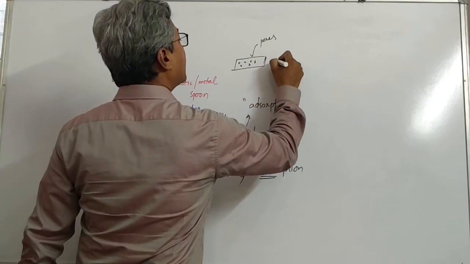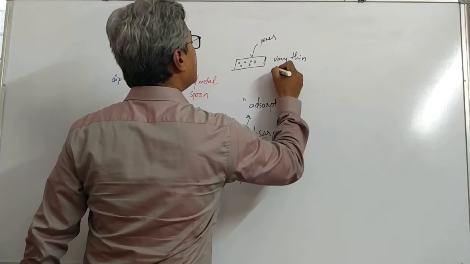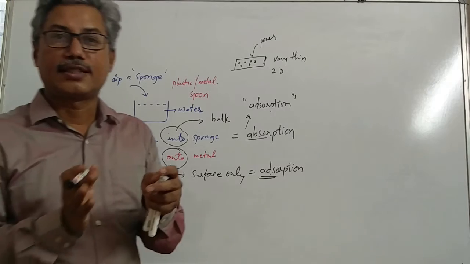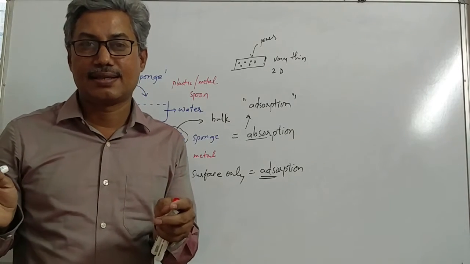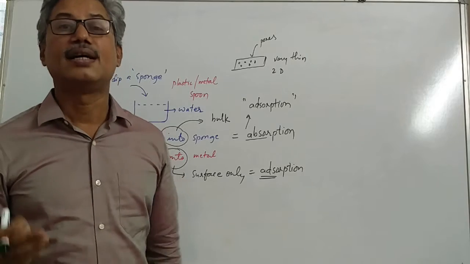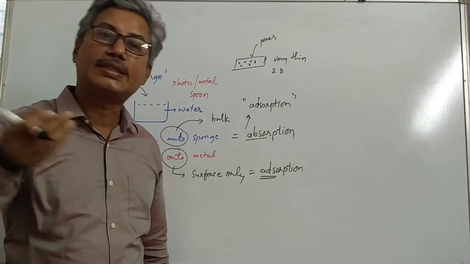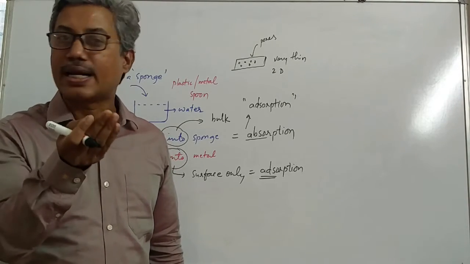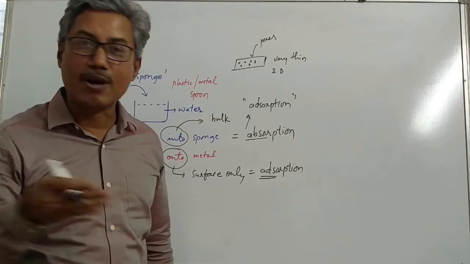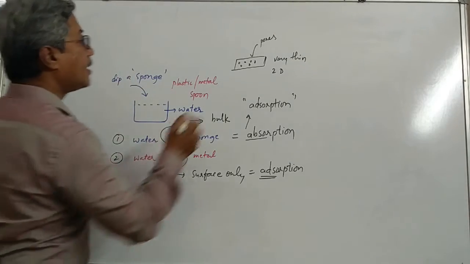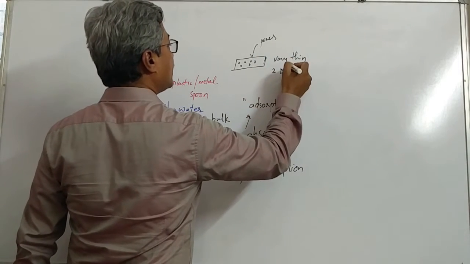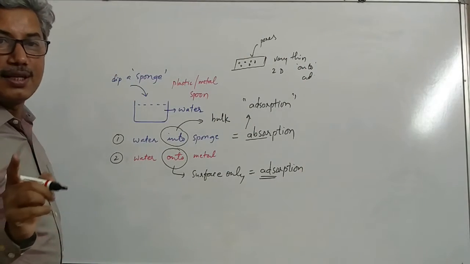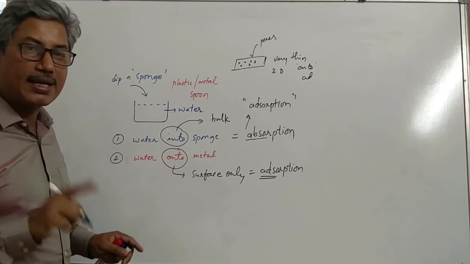It is very thin, so it can have only two dimensions. Water was inside the body, but now, if you look at one thin slice, water is appearing onto the surface only, not into it. That means here in the thin slice, water is onto. That means water is adsorbed. So there is a confusion between absorption and adsorption.